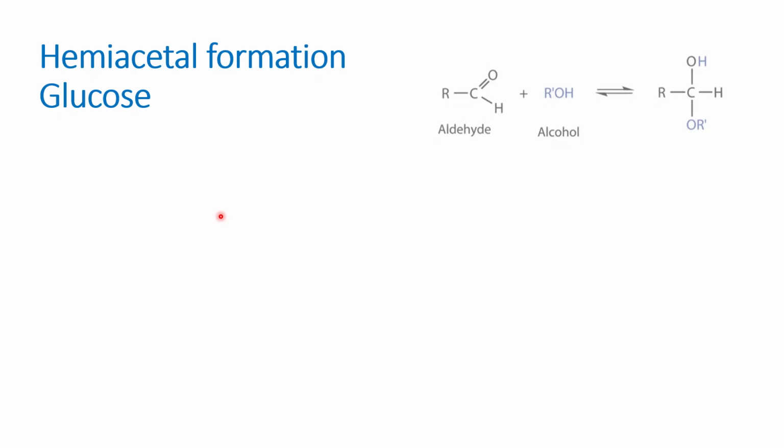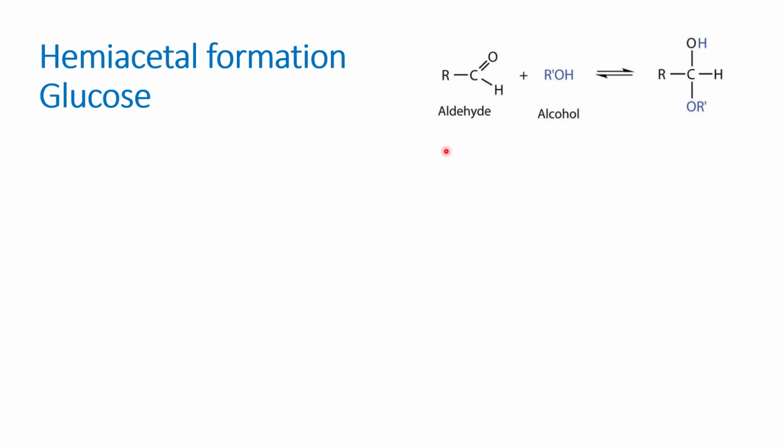This is based on the fundamental reaction between an aldehyde and an alcohol. When we studied aldehydes, we would have studied this under nucleophilic addition reactions. We know aldehydes and ketones undergo nucleophilic addition reaction, and the RO minus and H plus of the alcohol will cleave and get added to the carbonyl group of the aldehyde or ketone.